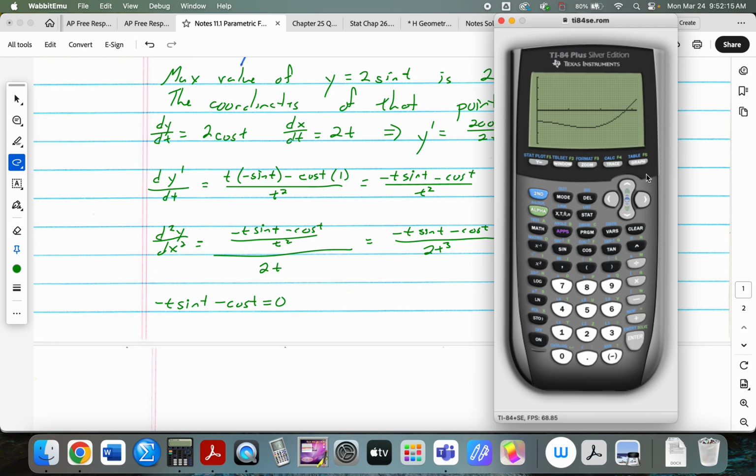For a moment there, you were worried that there weren't going to be any. I certainly was. So we find the 0 of that. I'll make my right bound pi.